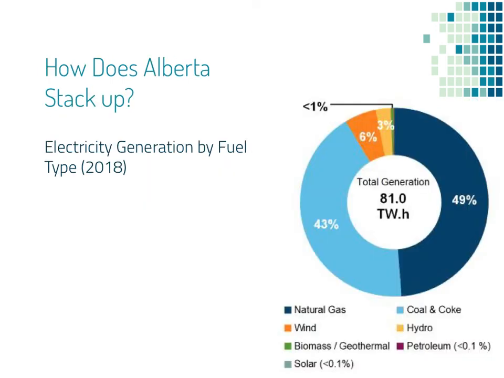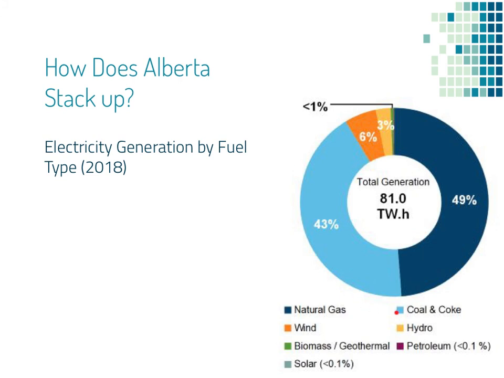So how does Alberta stack up? This is a little pie chart for our total electric generation in 2018 as a province. So you can see here that 49%, almost half, of our electricity is generated using natural gas. So we burn the natural gas, creating steam that turns turbines.